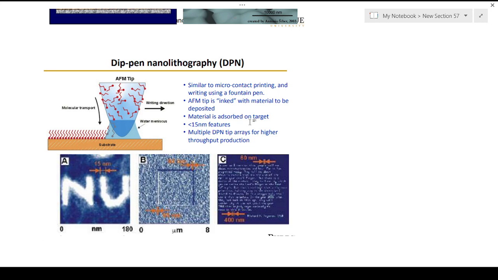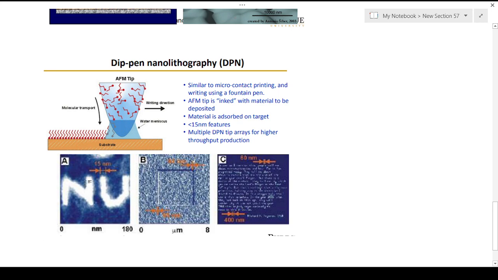Multiple lithographic methods can be used to improve throughput. Here you can see blue patterns, and over them you can use an AFM tip, which will just introduce a water meniscus in contact with the film.